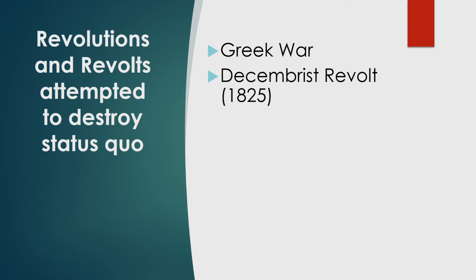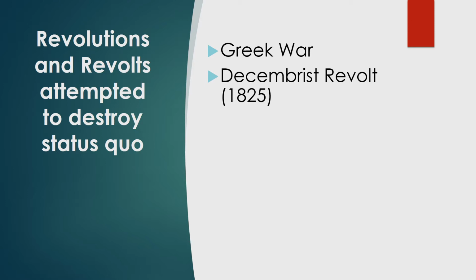The army preferred Nicholas's brother Constantine, who was thought to be more favorable to the innovations of the state. However, Constantine had renounced the throne, and the confusion caused by that led to a mass revolt by a group called the Northern Union, more popularly known as the Decembrists. This revolt was quickly put down.